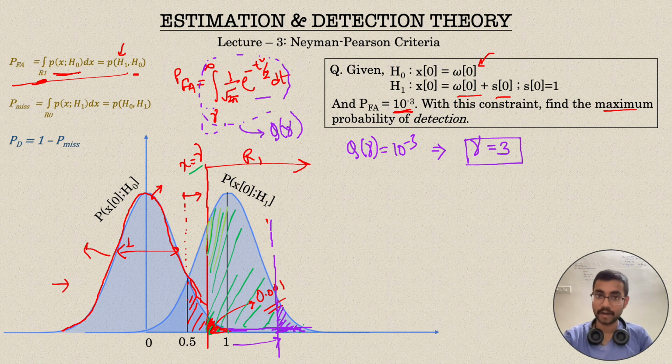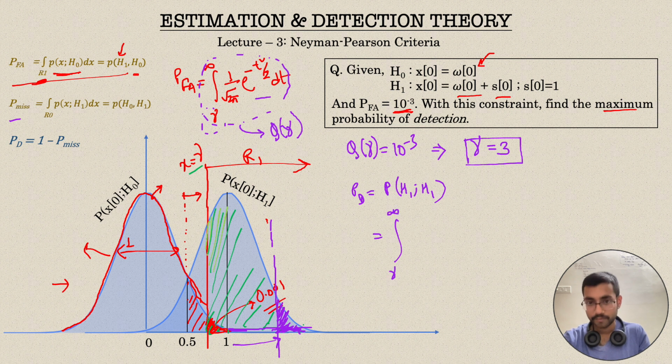Okay, now how to find that probability of detection? Just like P_MISS, we can make the equation for probability of detection. What is probability of detection? It is when we have the hypothesis H1, under H1. So we can write it as this particular area, from gamma to infinity, but we shall be taking this particular curve.